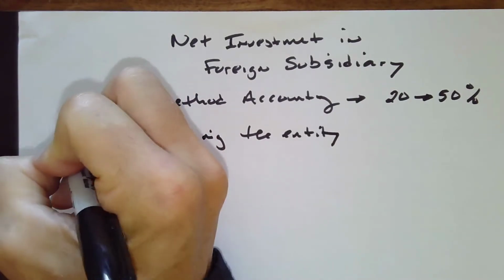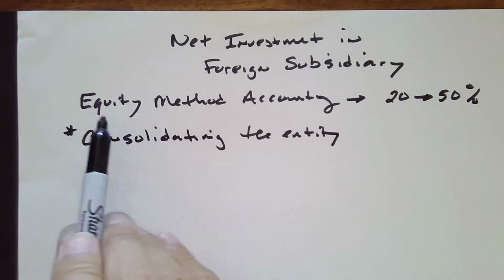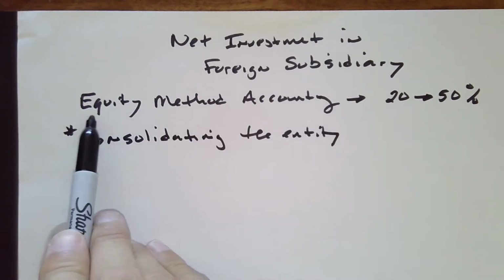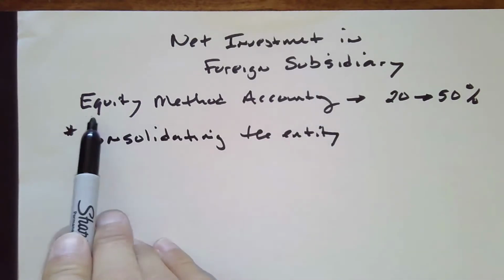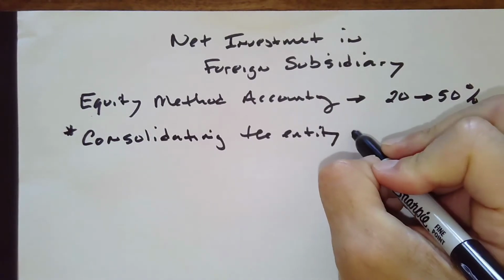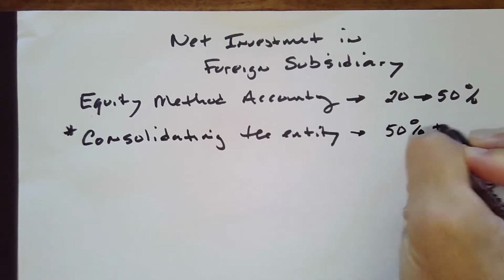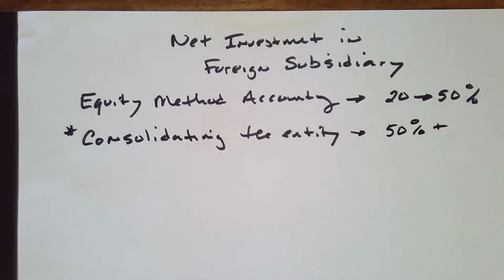This is really where we're going to be spending most of our time. There is literature out there that says we can hedge this equity method investment, but here, when we consolidate, it's 50% plus as far as our ownership in that organization.